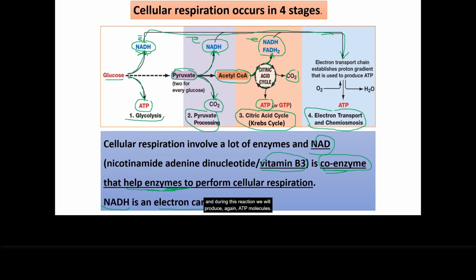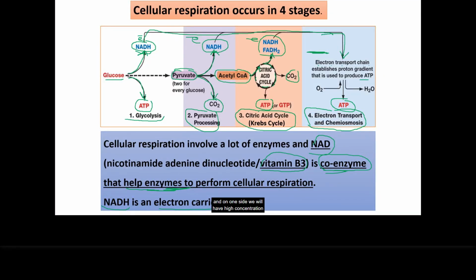And during this reaction, we will produce ATP molecules again. And it will go ahead and produce during this an established proton gradient. So it will be happening on the membrane.